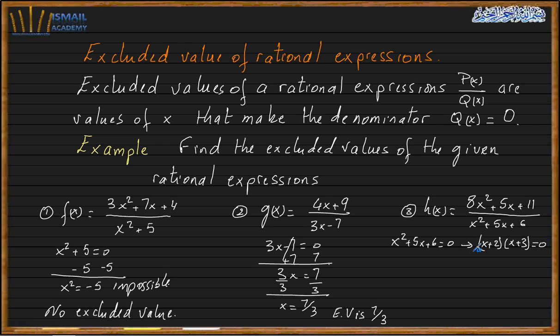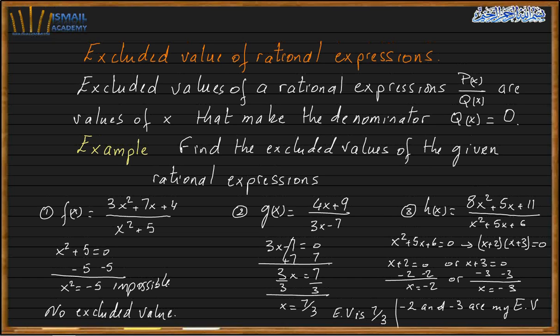So I make x plus 2 equals 0 or x plus 3 equals 0. When I solve for x, I get x equals minus 2 and x equals minus 3. So minus 2 and minus 3 are my excluded values.